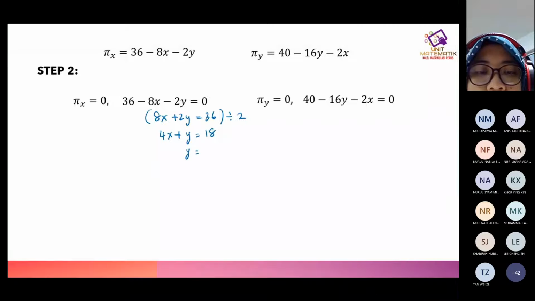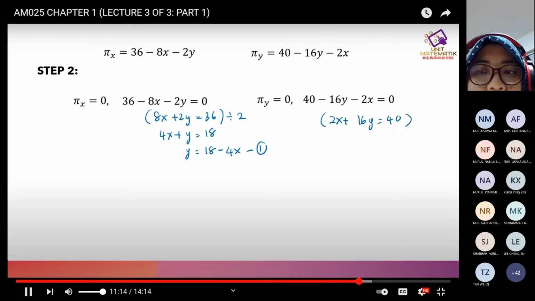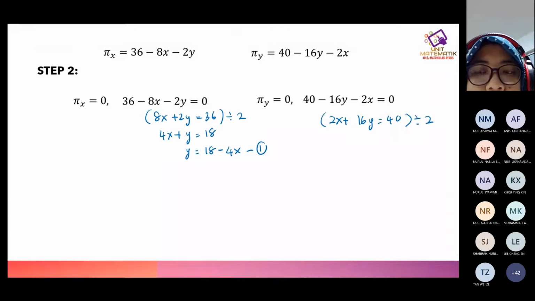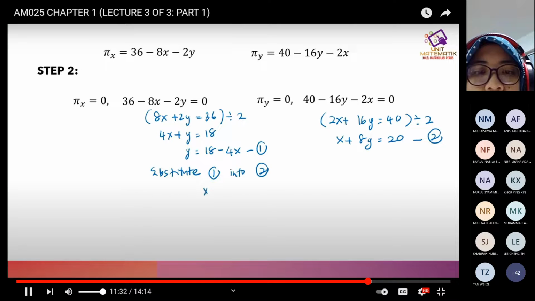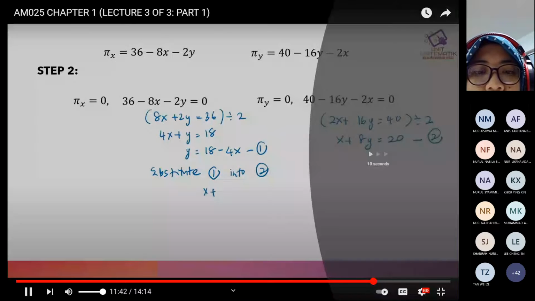Y equals to 18 minus 4x. Okay, this one also can be simplified. You will get x plus 8y equals to an equation. X plus 144.